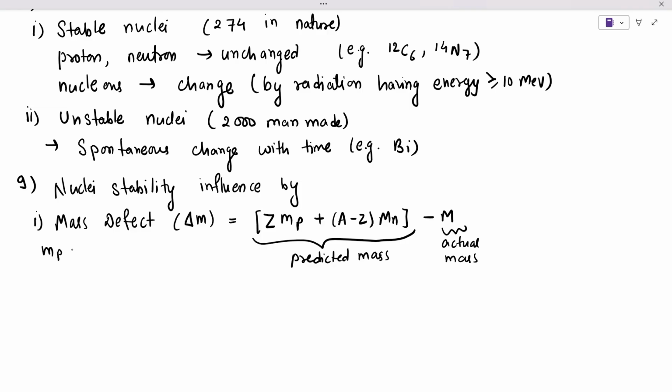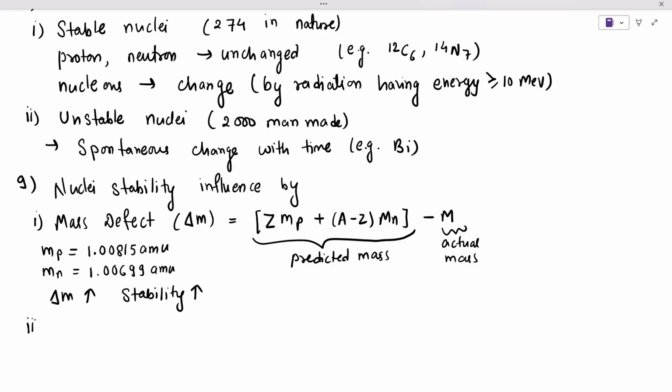Mass of proton is generally 1.00815 AMU and mass of neutron is 1.00699 AMU. If mass defect increases, stability of nuclei will also increase.